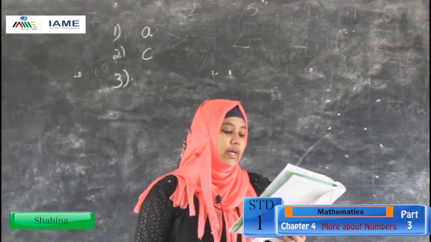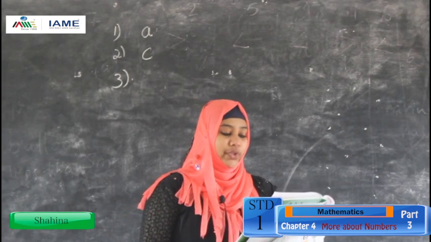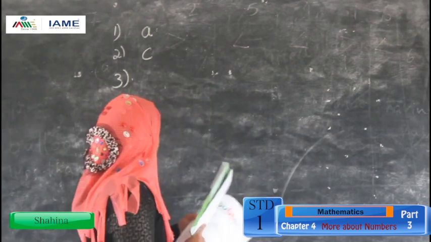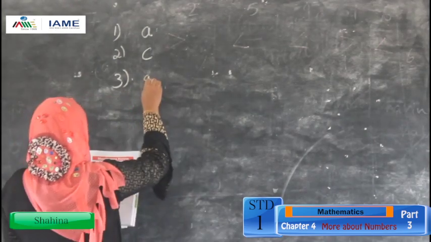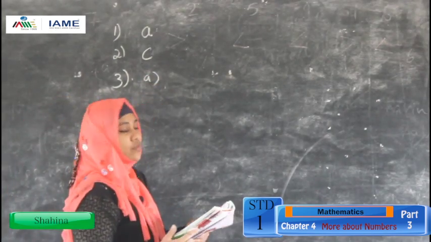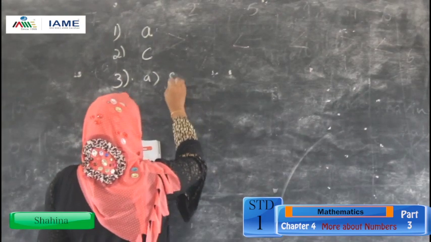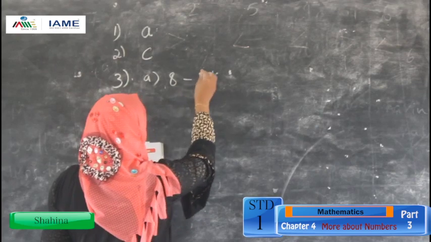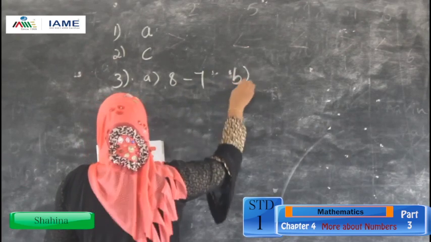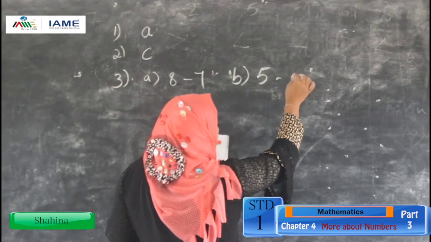Okay, the third one, what comes just before in each of the following? The first one, A. Which number comes just before 8? Yes, 7. Then just before 5, which number comes?